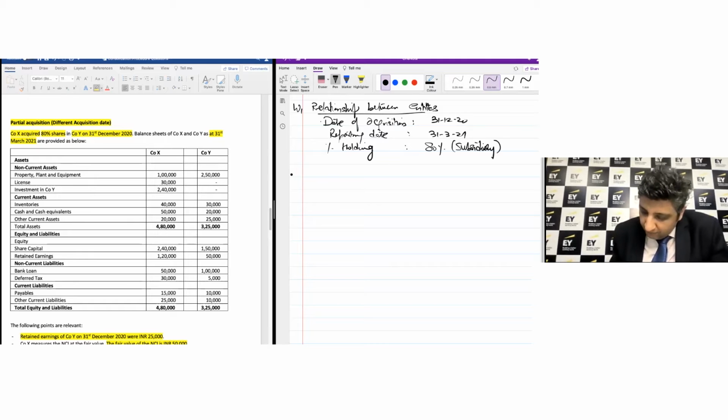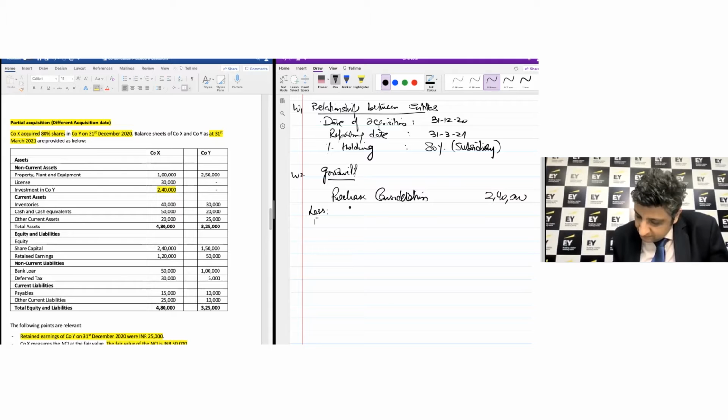Okay. Now, the other working that we want to do is, it's again not a very typical question. So we look at the goodwill on the acquisition date, right? So this is my purchase consideration. I can simply pick up that value, which is 2,40,000, less net assets.